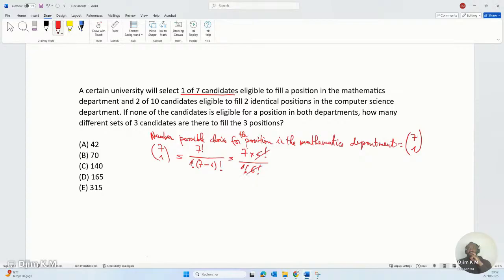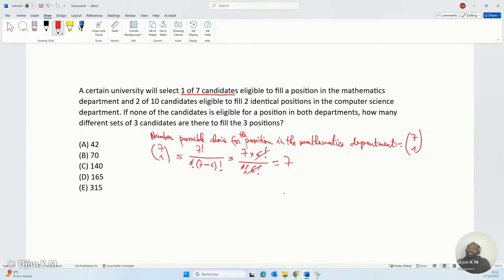We cancel the 6 factorials, so it will give us 7 here. So out of the 7 candidates here, we need to select one, and we can have 7 choices, 7 kinds of selections.